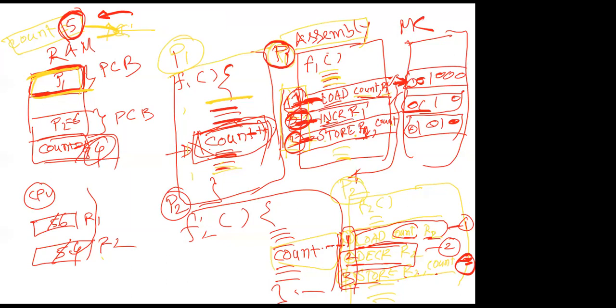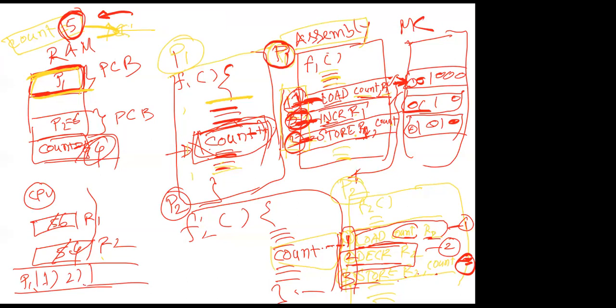Let's say process P1 gets the CPU and executes lines 1 and 2. What will it do?